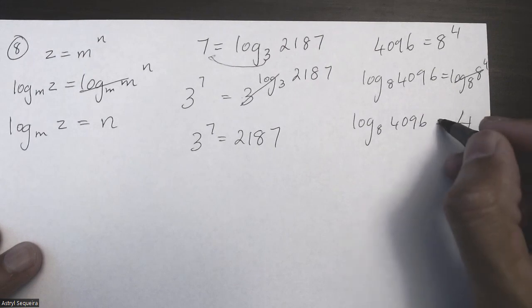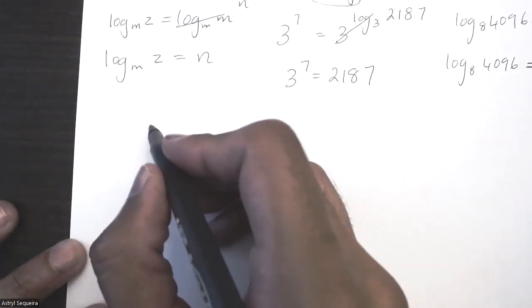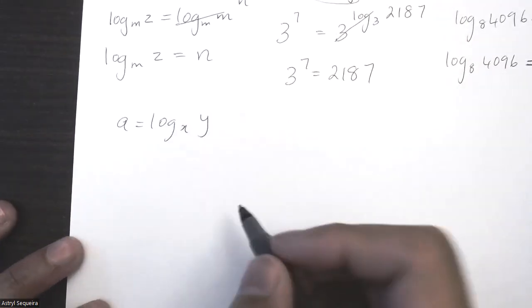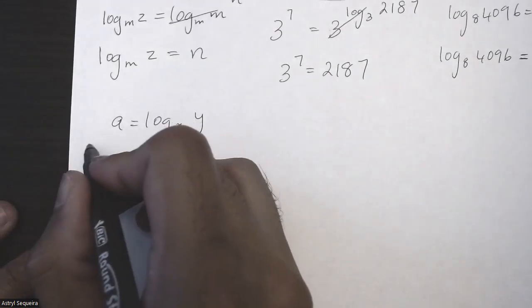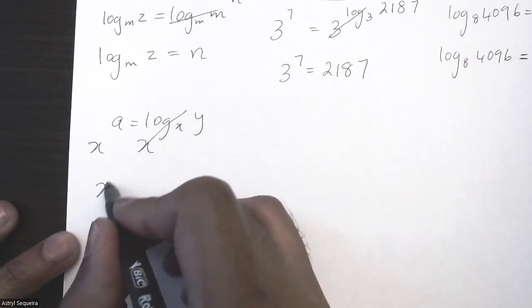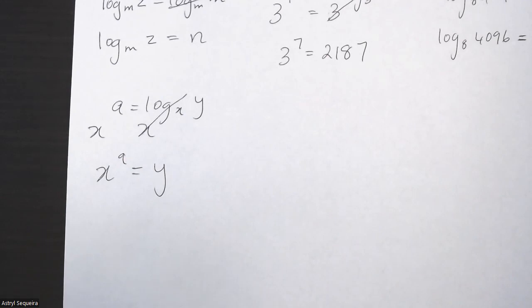This is the log form. And last one is in log form. a equals log base x of y. You convert to exponential form. So I'm going to do x to the power of both sides. This is going to cancel. So I just have x to the power of a equals y. Okay, that's the first question there, number 8.